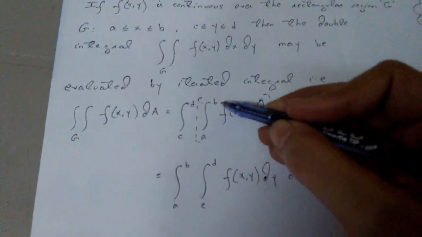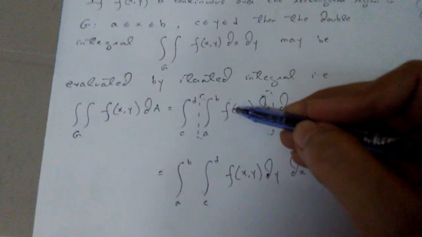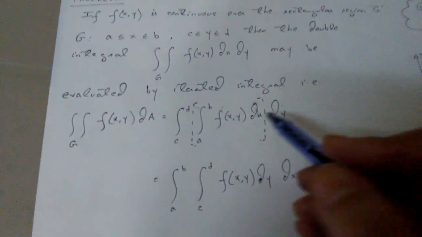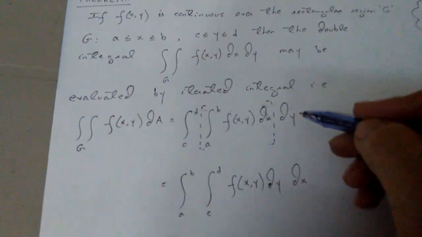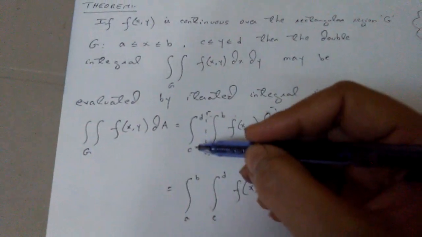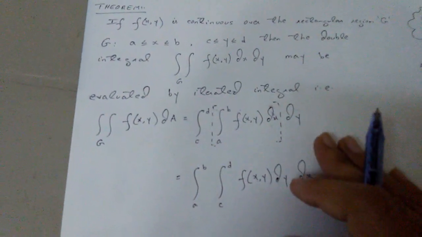You apply the limits after obtaining the integral function, and then whatever answer you get, you integrate that with respect to y, and then you apply the respective integral limits. Okay, this is the first way.